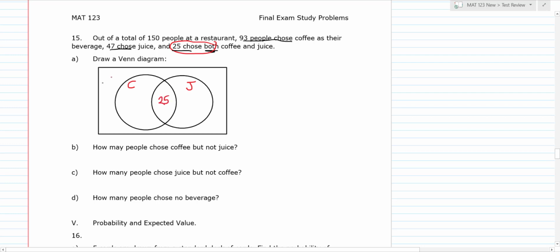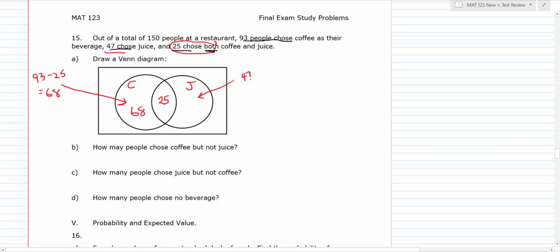Now what goes here? It says 93 chose coffee. So the 93 does not go there. You have to do 93 minus 25. You can do that on your calculator if you want to. So that is 68. So the 68 goes there. And then it says 47 chose juice.